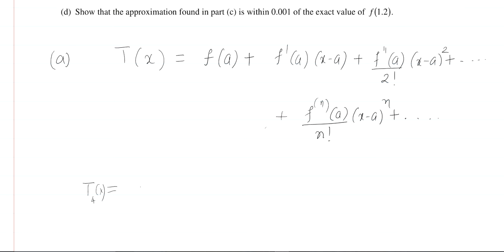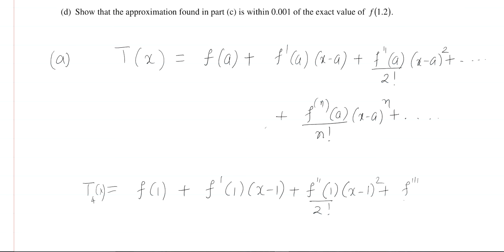It is going to be equal to f of 1 plus f prime evaluated at 1 times x minus 1, plus f double prime of 1 over 2 factorial times x minus 1 squared, plus f triple prime evaluated at 1 over 3 factorial times x minus 1 to the power 3.